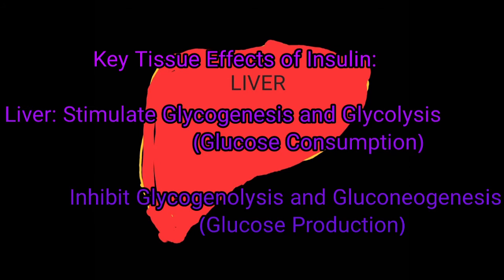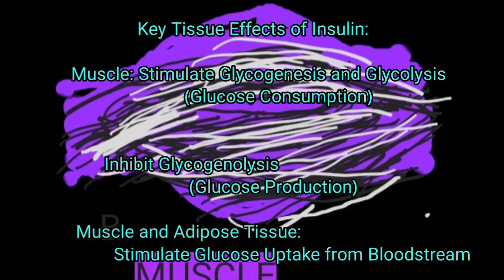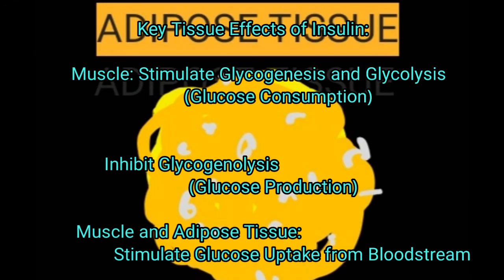Insulin will have some profound effects on 2 other tissues, muscle and adipose tissue. By specifically increasing the number of glucose transporters, GLUT4, on the surface of these 2 tissues, muscle and adipose tissue will pick up glucose from the bloodstream in an insulin-dependent manner.